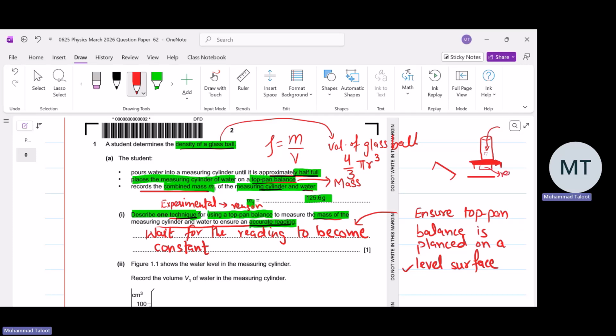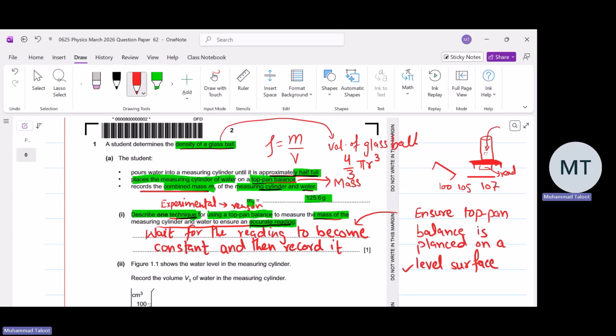Here we are having a reading, might be it is 100, then 105, 107, like this, it is changing. So you have to wait before recording the value. So wait for the reading to become constant and then note it, and then record it.